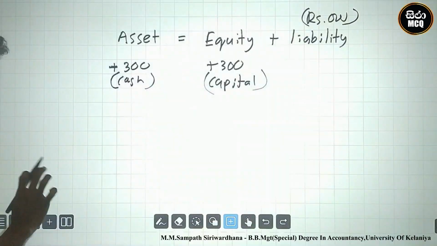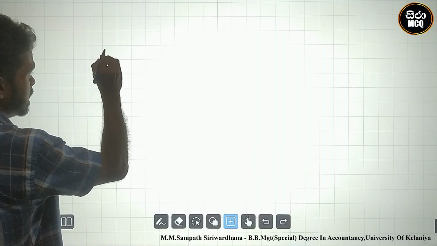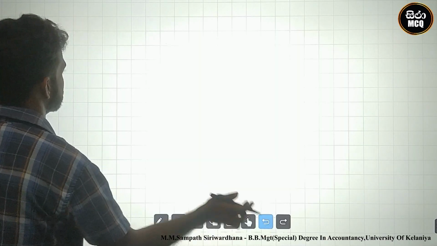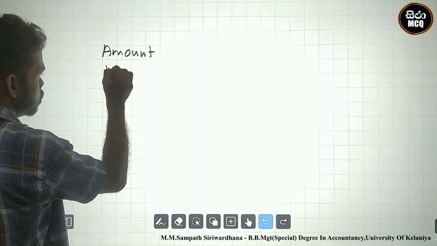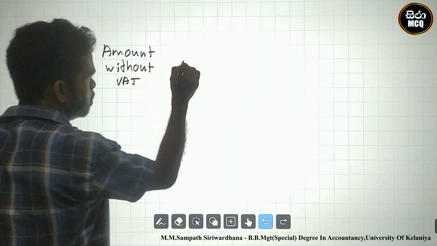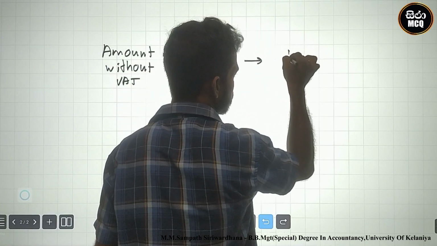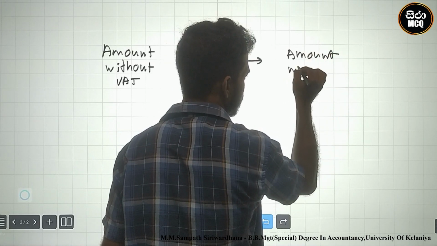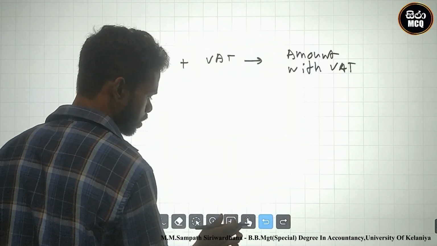Therefore, at the impact, what is this? The purchasing amount without VAT, plus VAT, is the amount with VAT.